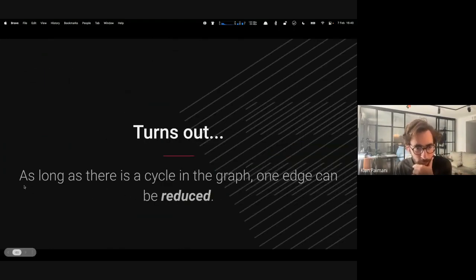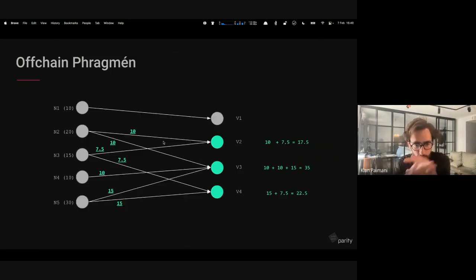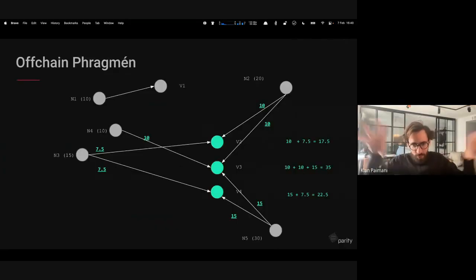This reduce algorithm works based on this premise: as long as there's a cycle in this graph, one edge can definitely be removed. So we spot the cycle, remove it, then scan for a cycle again. This is the same graph as here, I just unmangled it. I moved stuff around so you can clearly see that there is a cycle here.